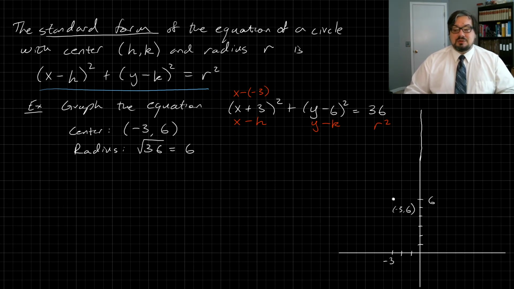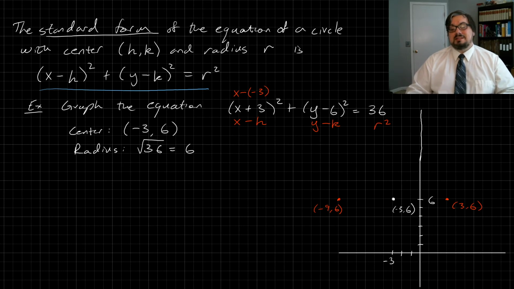Now, what I like to do here is move directly up, down, left, and right by the radius in order to get other points on the circle. So if I know that the center of the circle is at -3, 6, and the radius is 6, then if I move straight to the right by 6 units, I'm going to get a point on the circle. And if I move straight left by 6 units, I'm going to get a point on the circle.